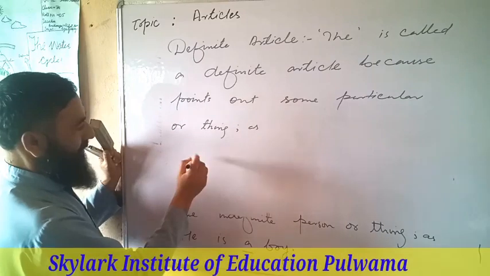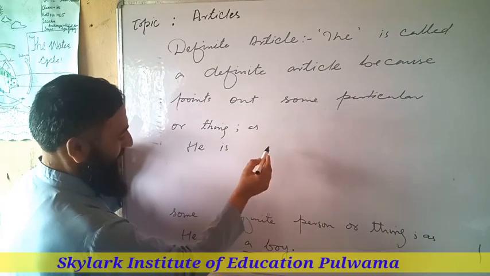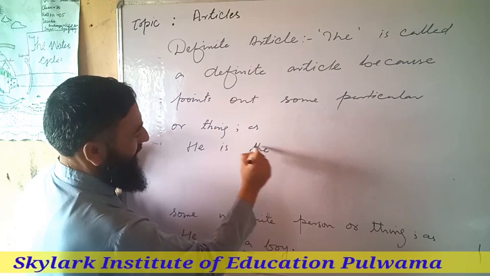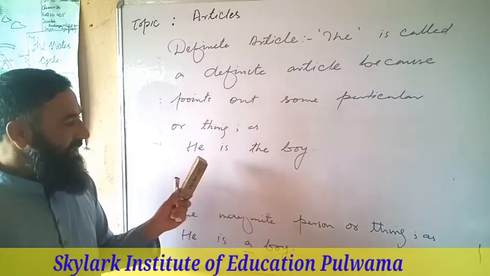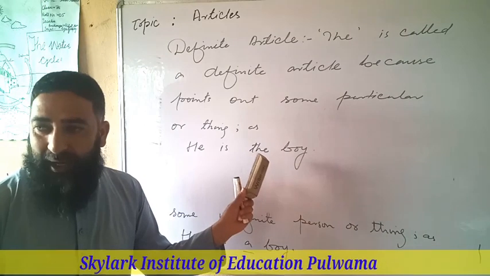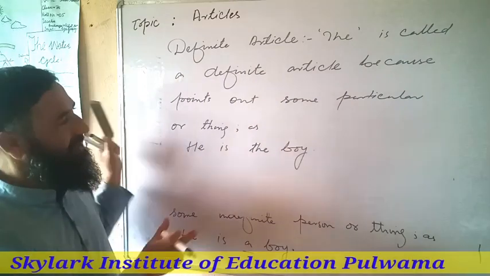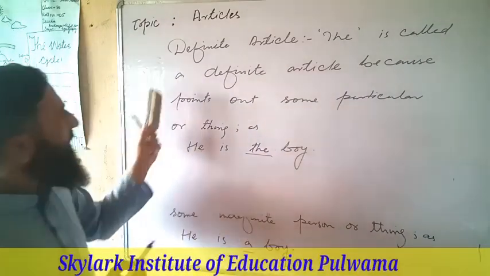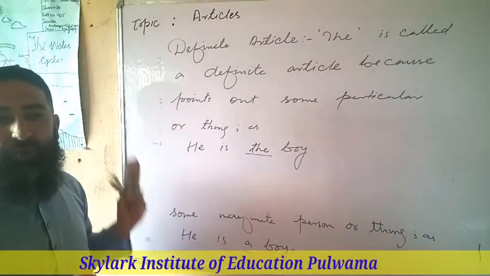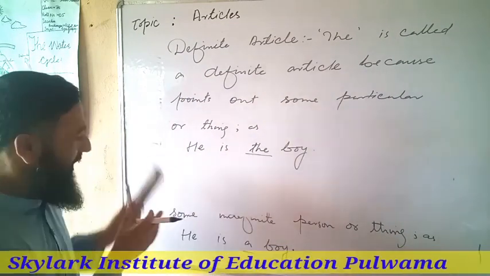For example, he is the boy. When you say he is the boy, it means you talk about a definite boy, a particular boy. These are the two major divisions of articles: definite article and indefinite article.